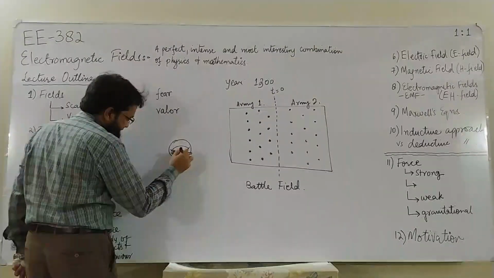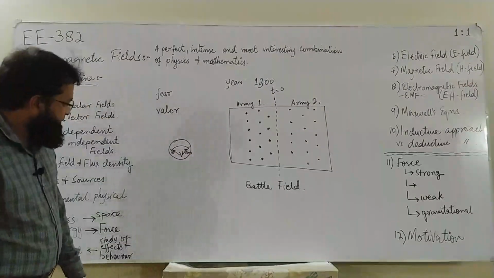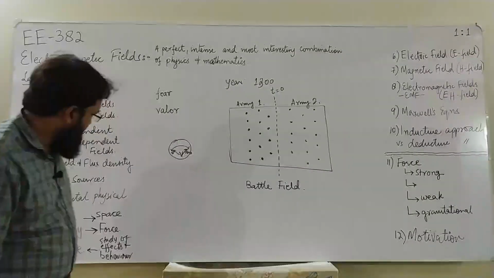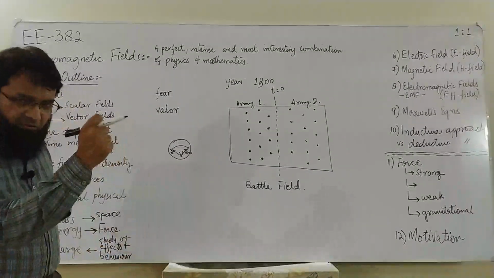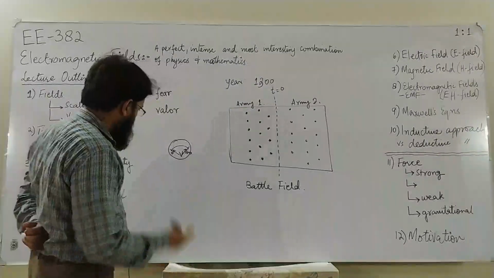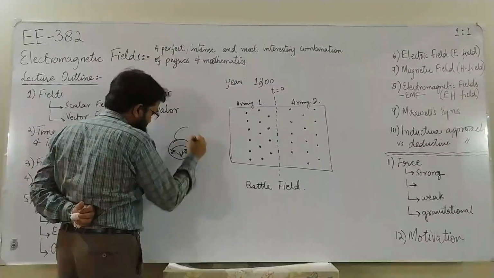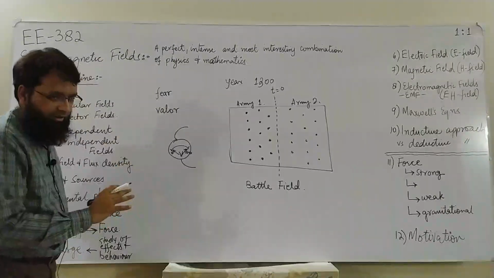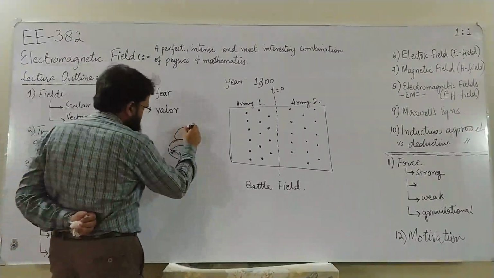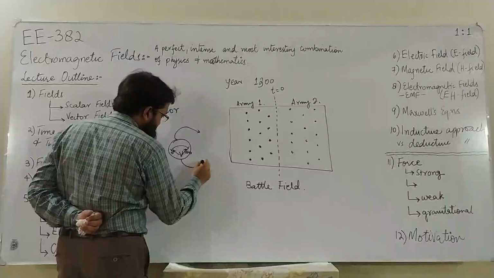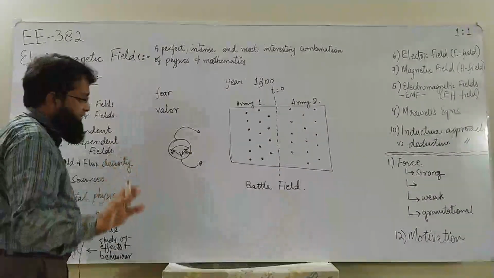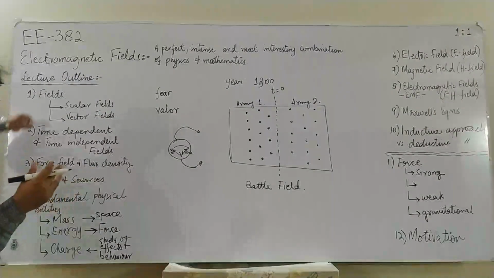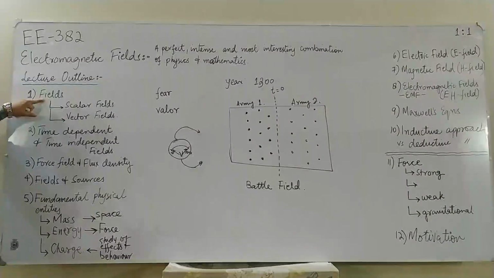So if the pointer is here, it means the soldier has 100% valor. He is invincible. So let's say we have two leads. This is all hypothetical, obviously. I just want to give you an example in order to intrigue you, in order to explain what field actually means.